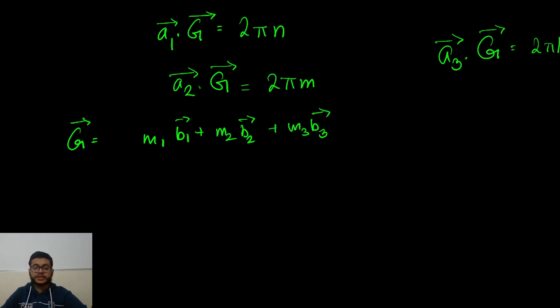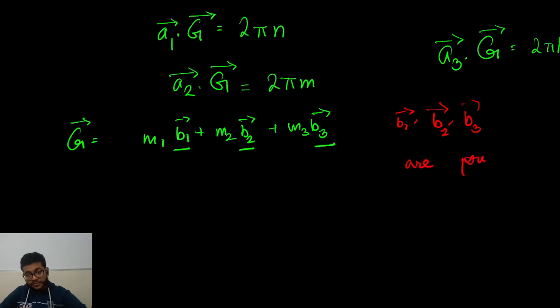All of the g vectors could be represented like this. What are these? b1, b2, b3 are the primitive lattice vectors of the reciprocal lattice.